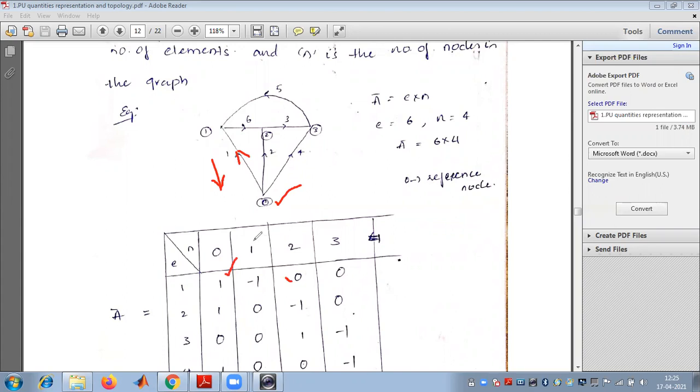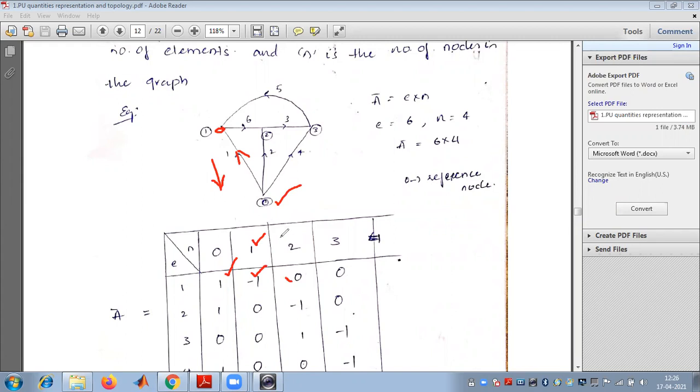Next, node 1, element 1. Node 1 is this one. According to this node, this line segment or element is directed towards node 1. Directed towards means obviously you have to consider minus 1. Now what about this? Do you have any incidence between element 1 and node 1?